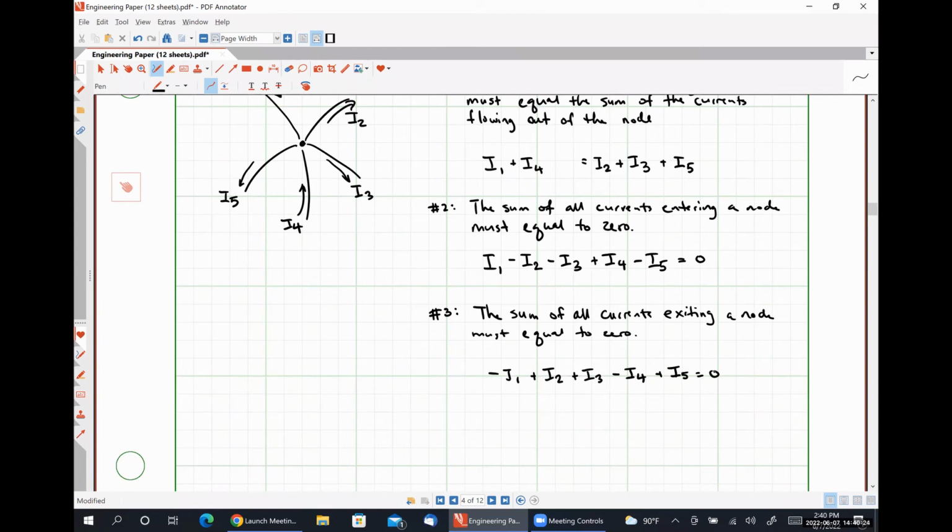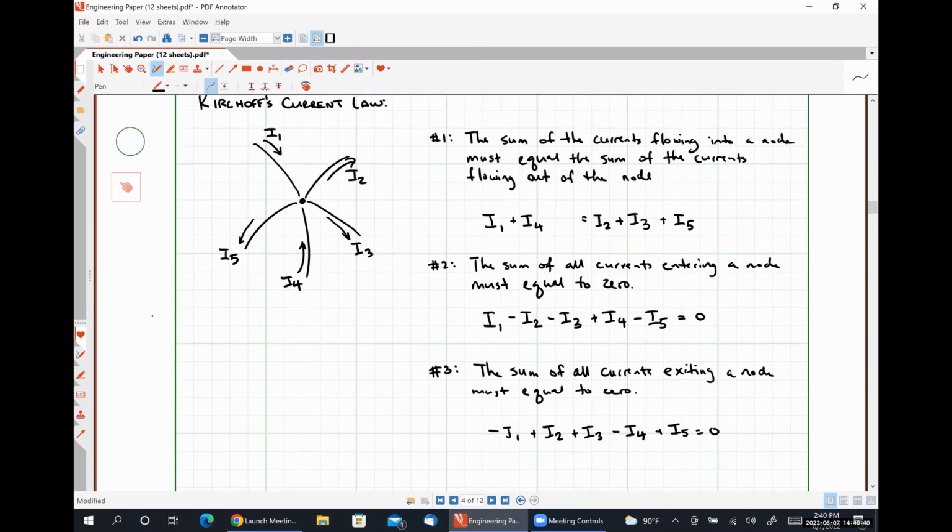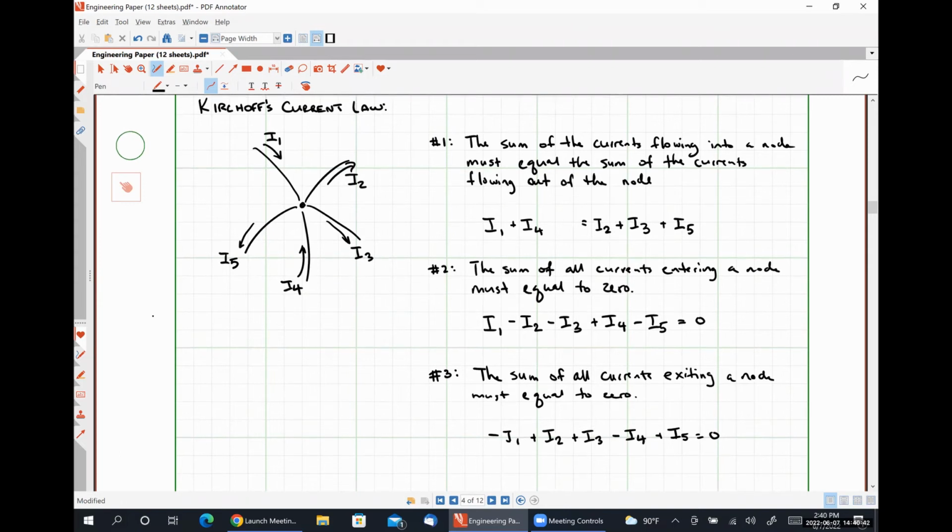And so that's what our equation will look like. And it's literally the exact same thing as we got in formulation number 2, except multiplied everything by a factor of -1. So all three of these representations of Kirchhoff's current law literally give us the same results. It just depends on what perspective we have as to which formulation we will use.